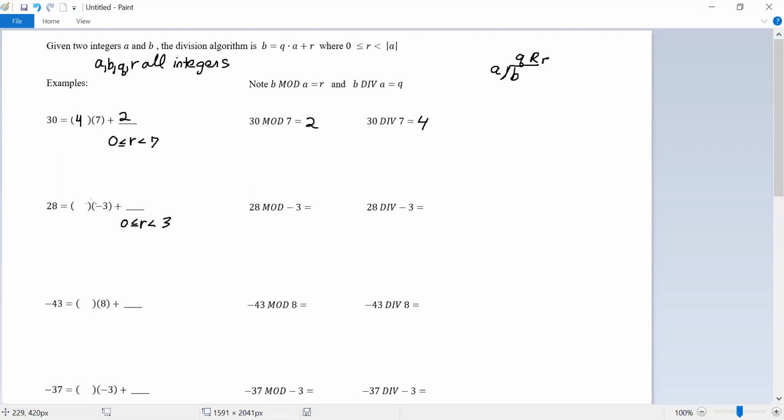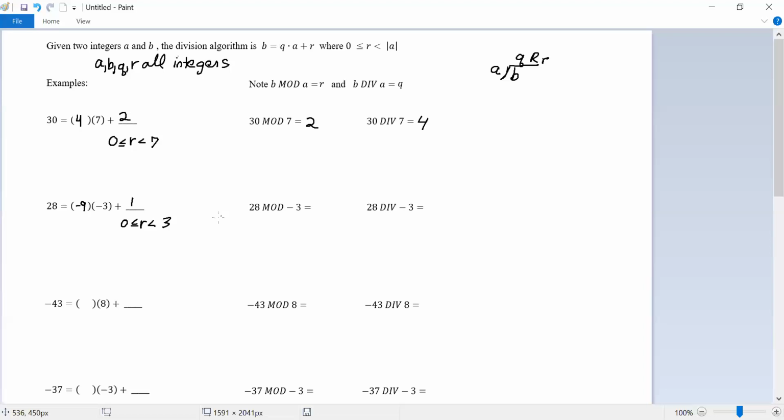So I'm going to need a negative number here in order to get up to 28. 9 times 3 would be 27, and 10 times 3 would be 30. So I am going to be using negative 9 here, because negative 9 times negative 3 will give me 27 positive, and I can add 1.